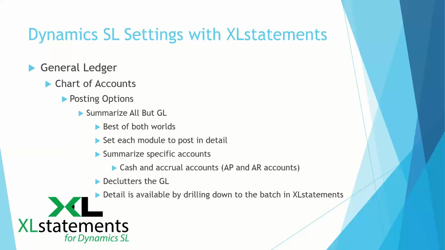So if you're unaware, most modules, and certainly AR, AP, and Cash Manager, have an option on their setup screens that will let you post to the GL in summary. What that means is when you do a batch, say an AP voucher batch, and you release it, it's the release step that populates your general ledger.